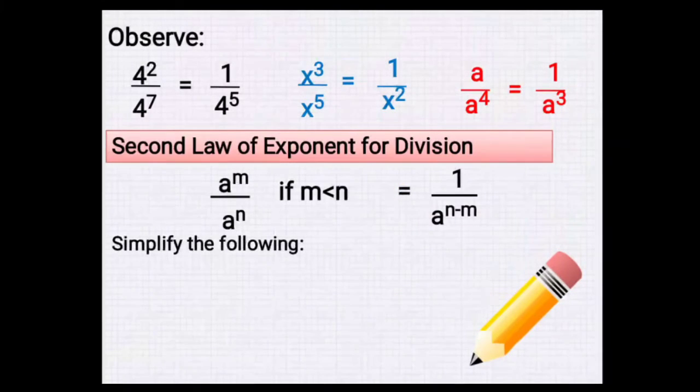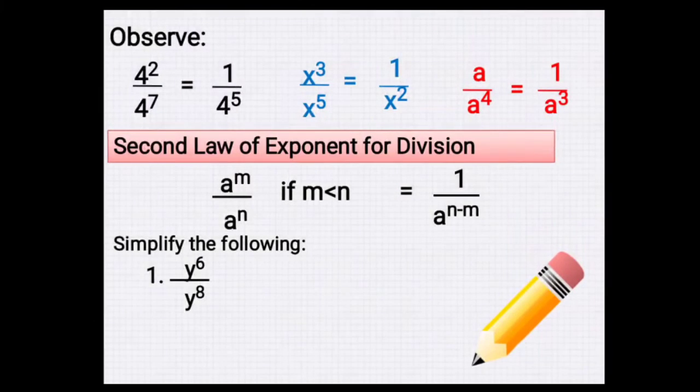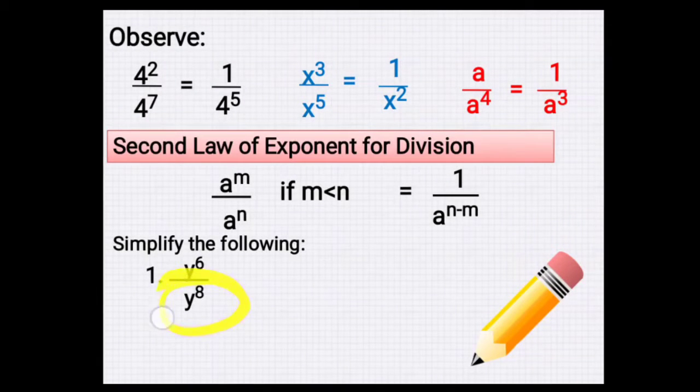Now, let us simplify the following: y raised to the 6th power divided by y to the 8th power. As you can see, the exponent of the denominator is greater than the exponent of the numerator.